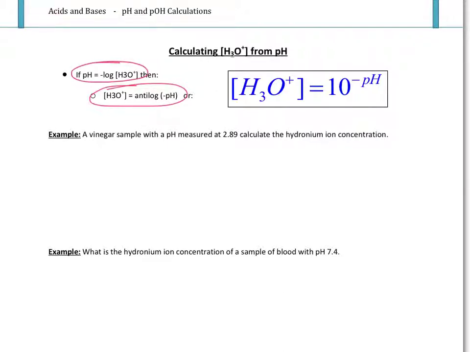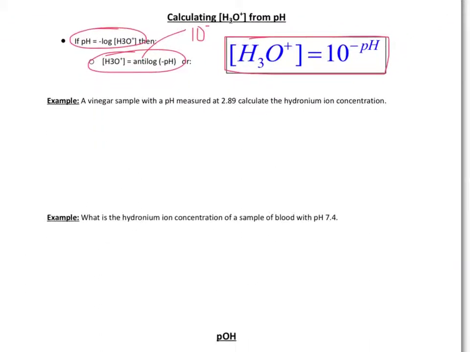Notice that the antilog button on your calculator can also be represented by 10 to the. Therefore, we can write H3O positive as 10 to the negative pH. Again, make sure you know how to use your calculator. Let's work with this by going through several examples.